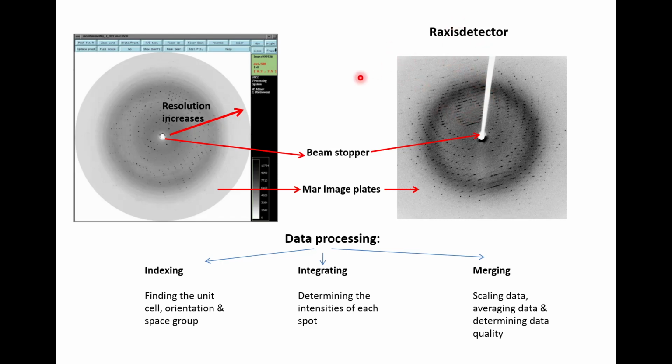Once you get these spots in your MAR plate, now what this software does is it will take each point which is present here and try to find any pattern. Since I told you that in the unit cell they follow different Bravais lattices, and for each Bravais lattice we know, in the triclinic system for example, what the different space groups of the unit cell can be.